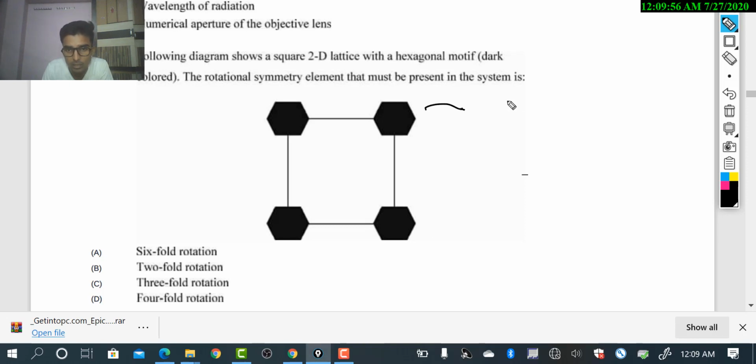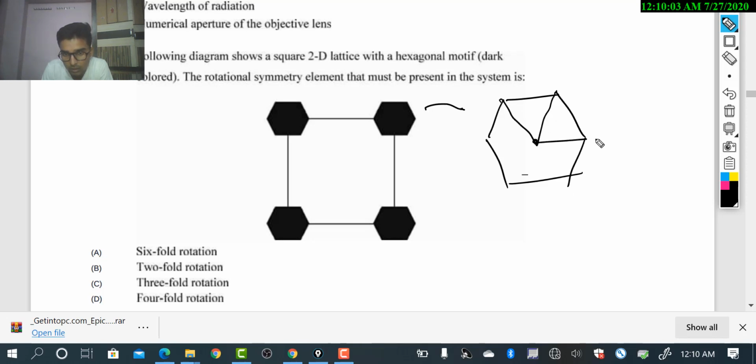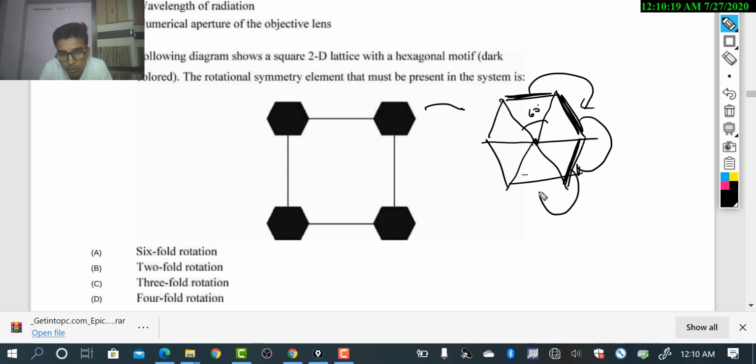For the hexagon, if you see carefully, each side will make 60 degrees. Here it is 60 degrees and completely it is 360 degrees. If we rotate by 60 degrees, this portion will come to that portion, and so on for each portion. It means if we rotate by 60 degrees, the whole object will repeat itself.